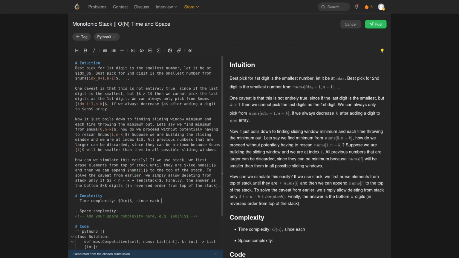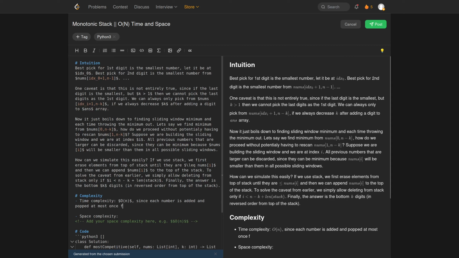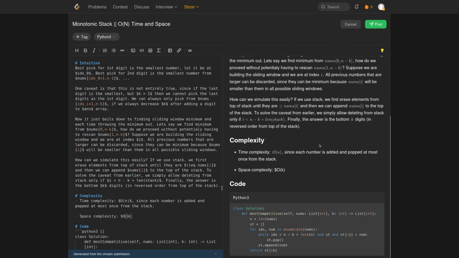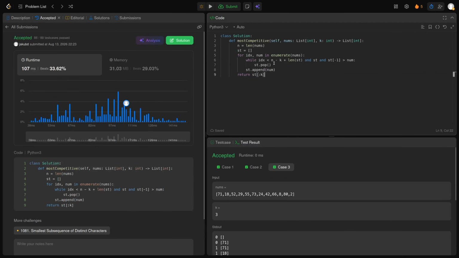It's O(n) since each number is added and popped. Oh, I mean, is this really okay? Technically, I could add length less than k and this.